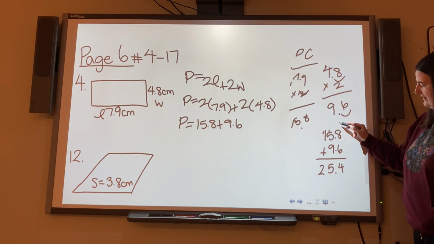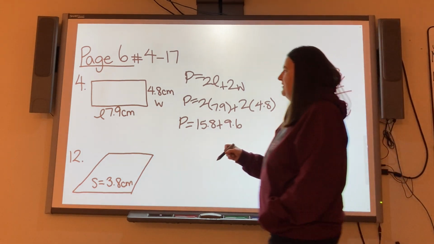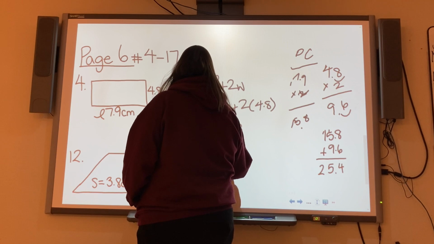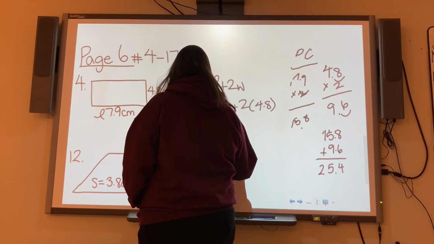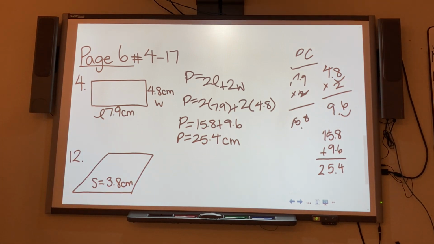And of course we're adding, so you line up the decimals. So 25.4 is the perimeter of my rectangle. Don't forget to add your unit of measurement, in this case, centimeters. So that's number 4 on page 6.